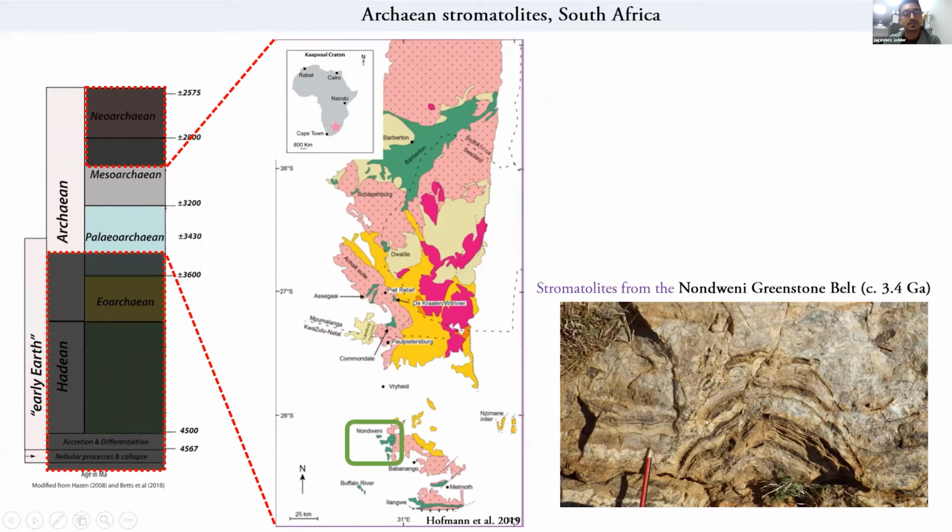The microbes inhabited the earliest shallow part of the ocean, they would use the sunlight, and with that they would trap or bind the sediments, using the energy of the sun, and they would create this kind of microbially induced structures, mostly organosedimentary structures, and they are preserved very well from the Nondweni greenstone succession, which are Paleoarchean in age.